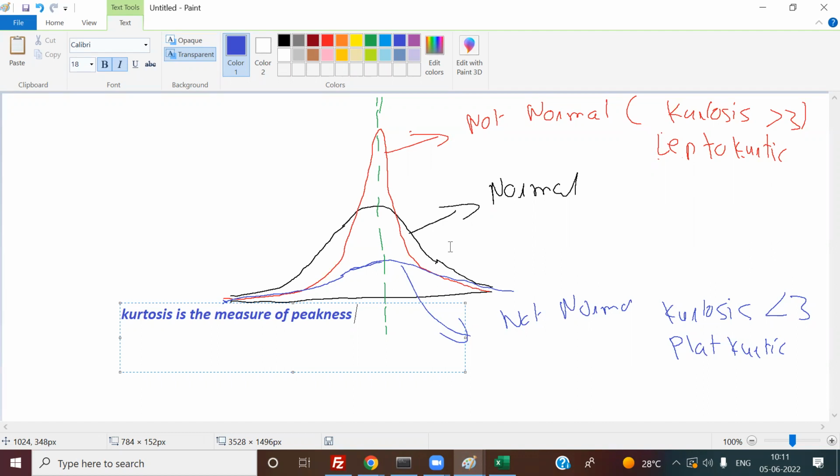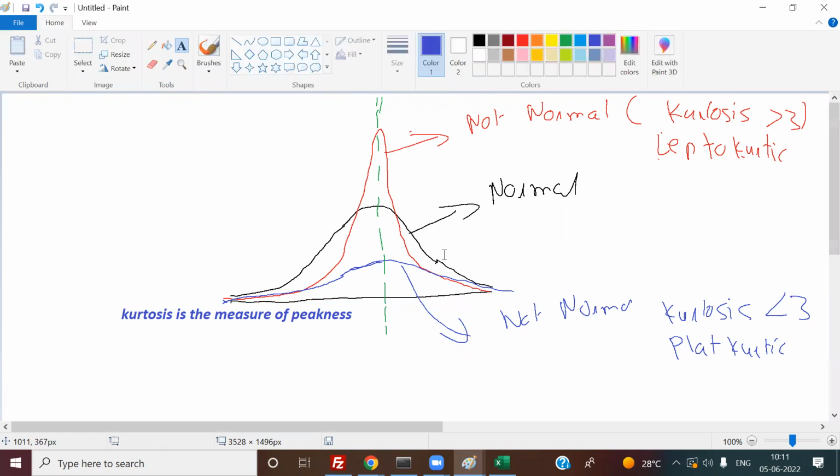So basically, what is kurtosis? Remember a single line, it is a measure of weakness. How fast or how slow the values increase, that is known as your kurtosis. What is 3? If kurtosis is around 3, then it is known as your mesokurtic.